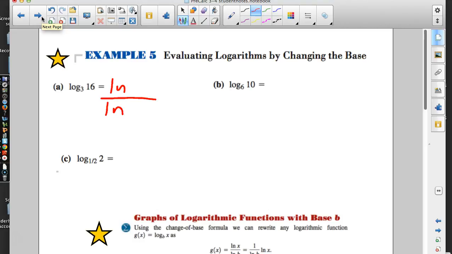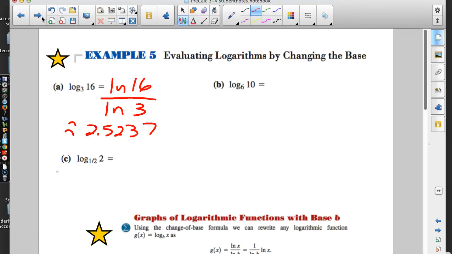What's going on top? 16. Base is in the basement. We grab the good old calculator and see what it tells us. Natural log of 16 divided by natural log of 4, to 4 decimal places: 2.5237.